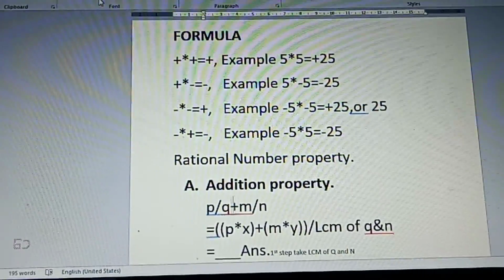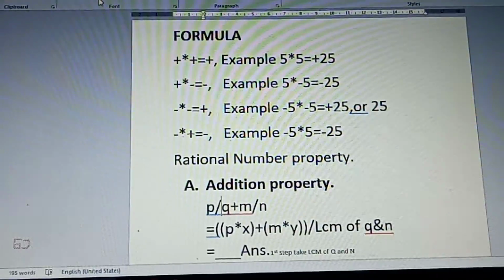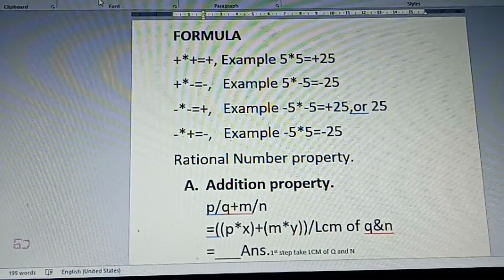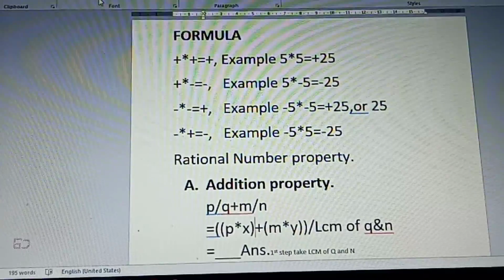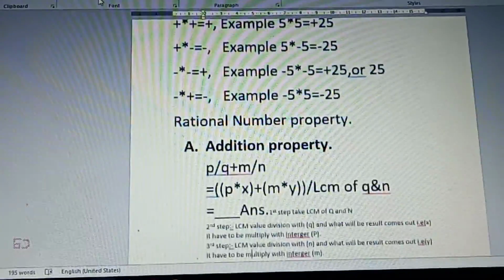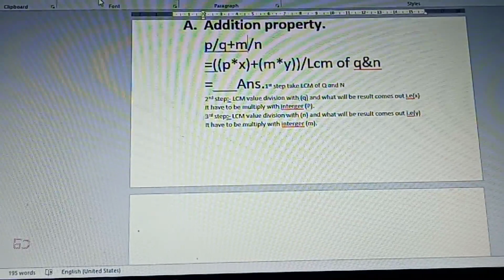For example, P by Q plus M by N. What will be the next procedure?